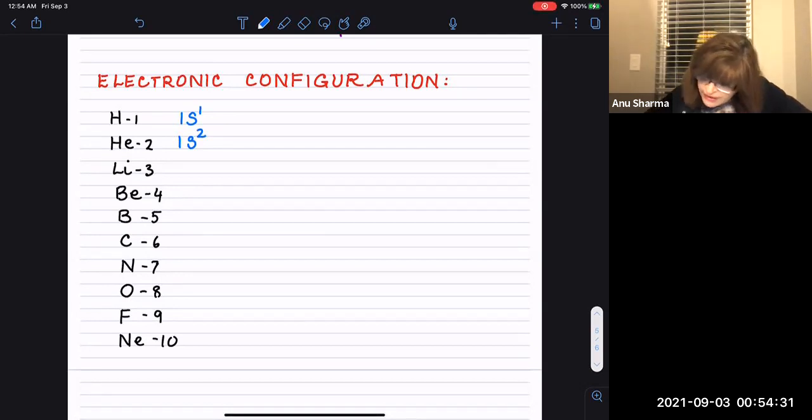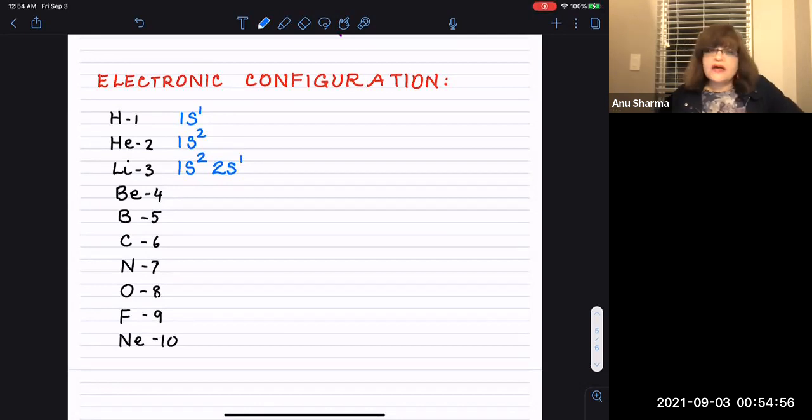Finished. 3 electrons in lithium: first 2 electrons go to the first energy level because s can hold a maximum of 2 electrons. So s gets filled first. Now you're left with 1 more electron, so you go to the next energy level, and here s has 1 electron.